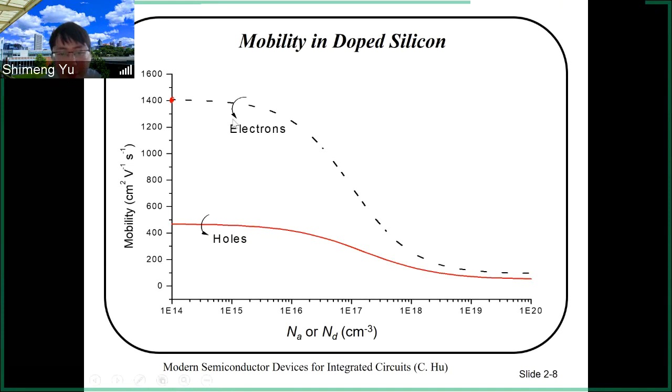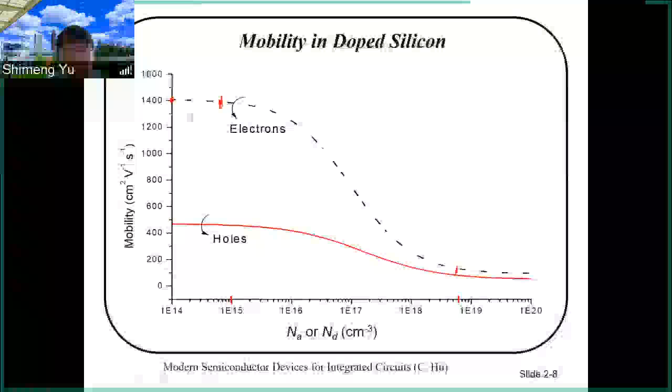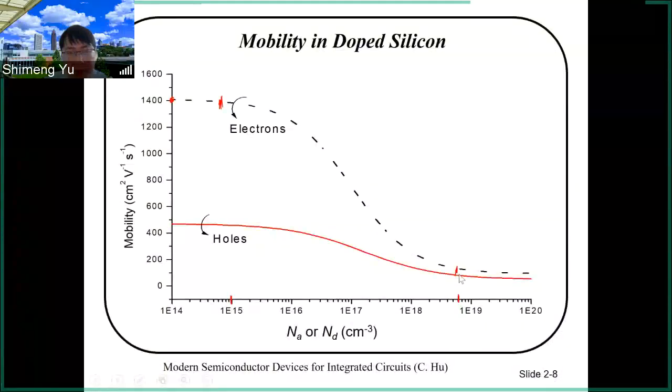As you increase the doping density, and if you recall the typical doping density we use is about 10 to the power 15 here to about 5 times 10 to the power 18 here, in this range you see that as you increase the doping density, the electron's mobility will decrease from 1400 to around 200.